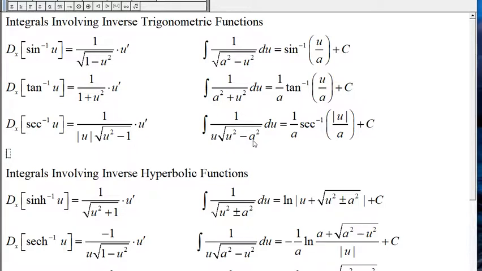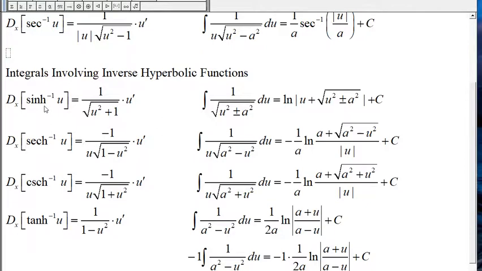So here, from sine inverse, tangent inverse, and secant inverse, we got expressions like the square root of a squared minus u squared. What if we turn this around? What about u squared minus a squared? If we turn it around, then we need the inverse hyperbolic functions.